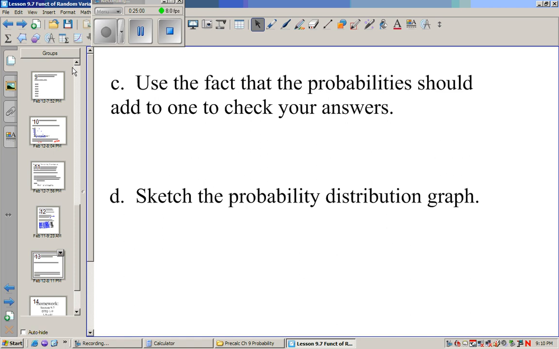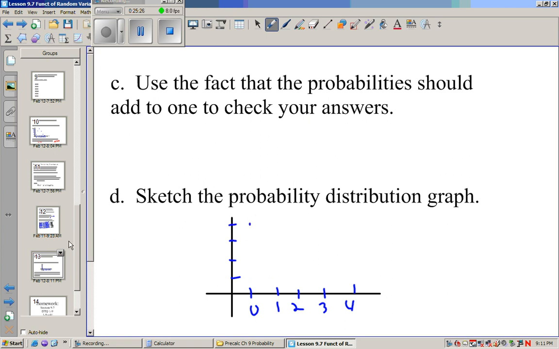Use the fact that probability should add to 1 to check your answers, so just add all those up. And now, hopefully you can sketch a probability distribution graph. So we'll have probability down here, 0, 1, 2, 3, 4. And then do this, 0.1, 0.2, 0.3, 0.4.